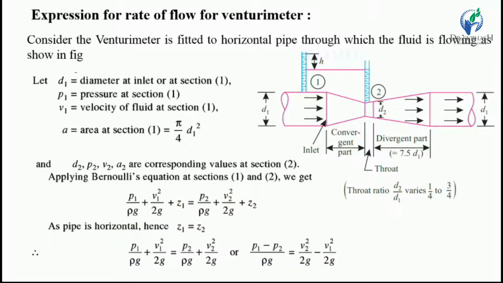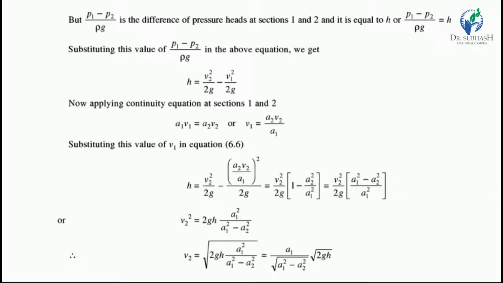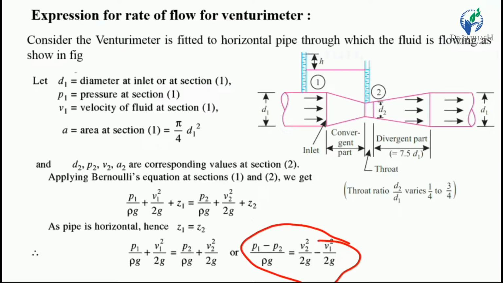Now we have to find the value of the pressure head difference. So arrange the equation this way. We know that the difference of pressure head is written as small h according to the figure.